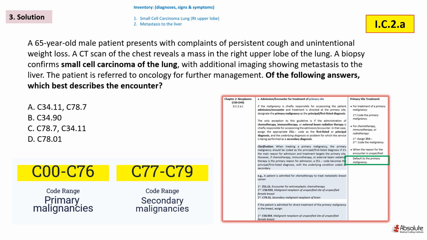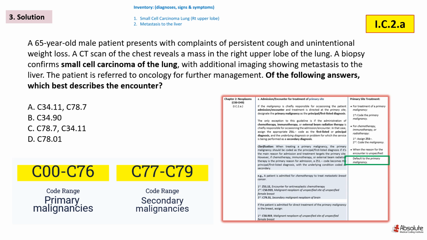So the lower Cs are primary, and secondary cancers are between C77 and C79. So on site, you should be able to select the correct code if we are following this default that the primary malignancy is sequenced before secondary.